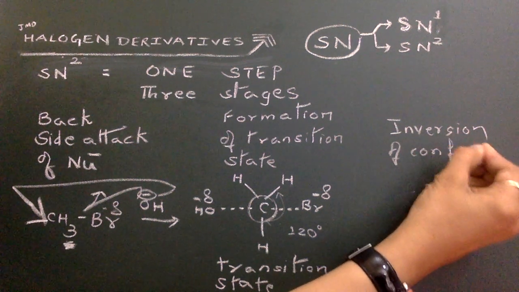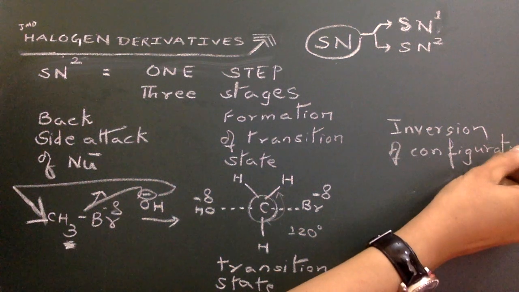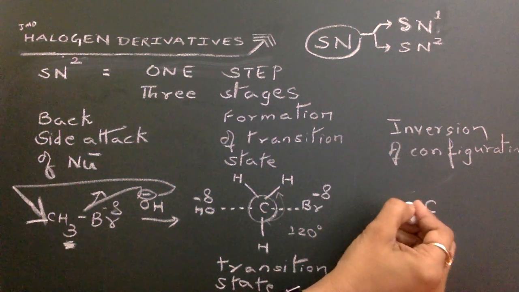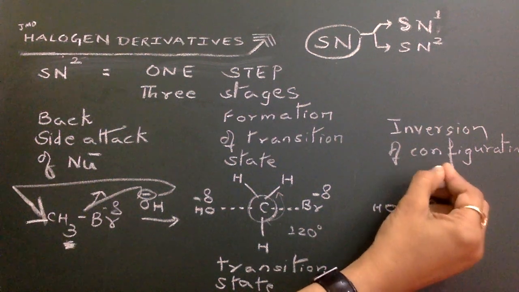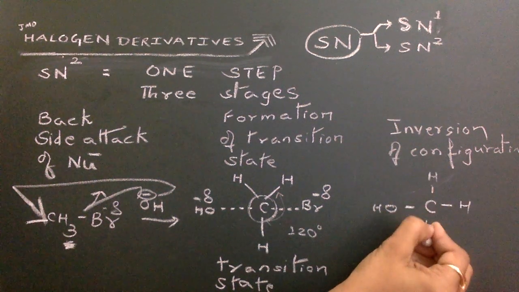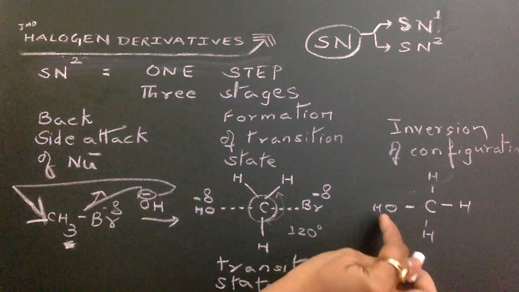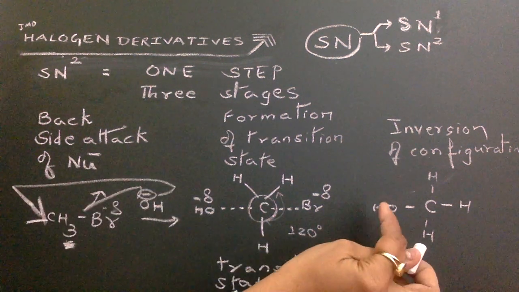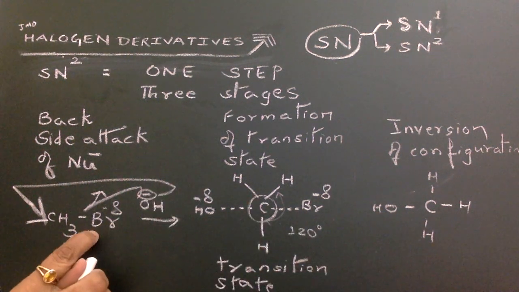In the third stage, called inversion of configuration, the C-Br bond breaks and the C-OH bond takes its position. Since the nucleophile attacked from the back side, the product has a nucleophile exactly opposite to the leaving nucleophile.